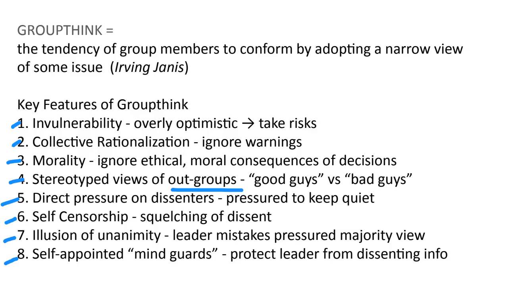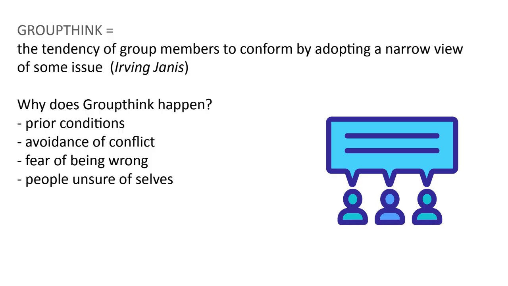And some of the reasons why groupthink occurs, and this is where those previous experiments, Asch's and Milgram's experiments in particular, help feed into this, is that groupthink will often occur under certain conditions. So there are prior conditions. The group is often a very isolated and cohesive decision-making group.